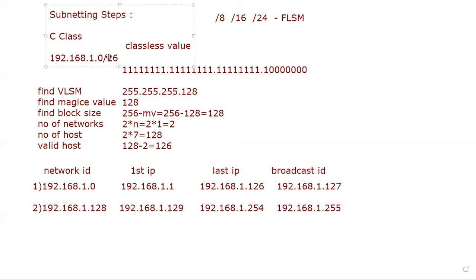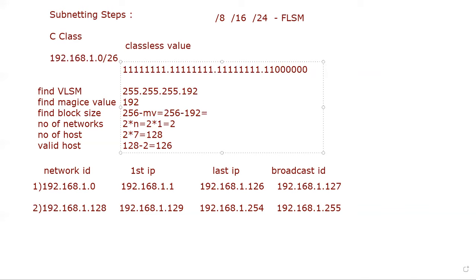Okay, first I am going to change it to 26. So /26 is 8, 16, 24 ones, plus 25 and 26. So in VLSM, 2 raised to power 7 plus 2 raised to power 6, like 128 plus 64, so the subnet mask is 192.